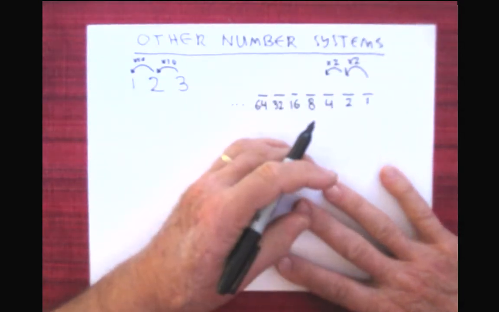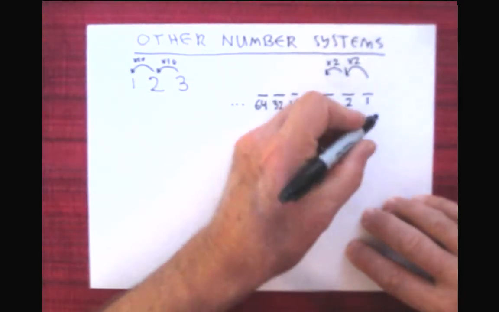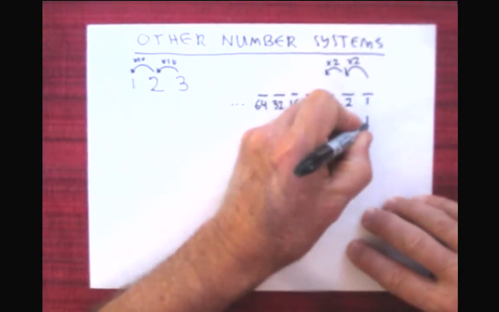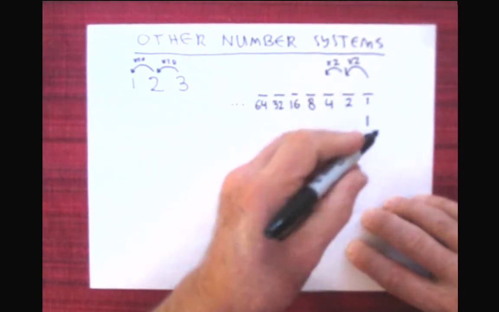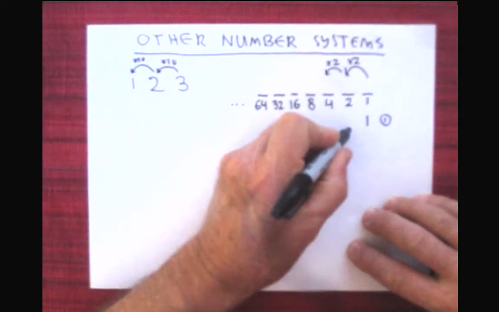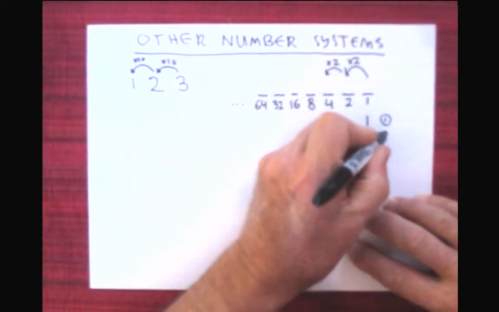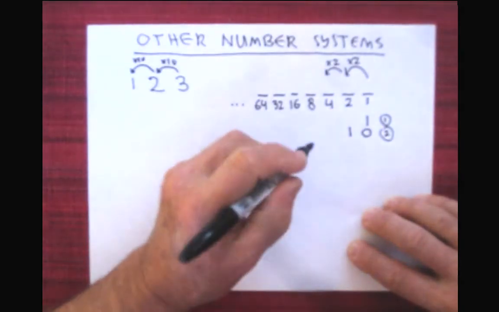So let's count up. How would you write 1 in a computer? Well, 1 is simple. You place a 1 in the 1 location right here. So this is 1. 2, you write here. There is a 2 here, and then the placeholder: 1 0. 1 0 means 2.